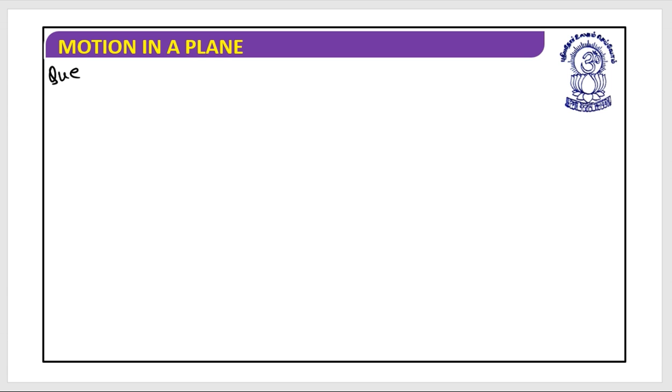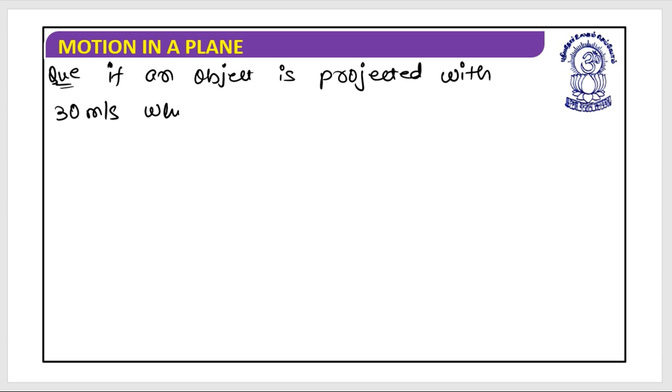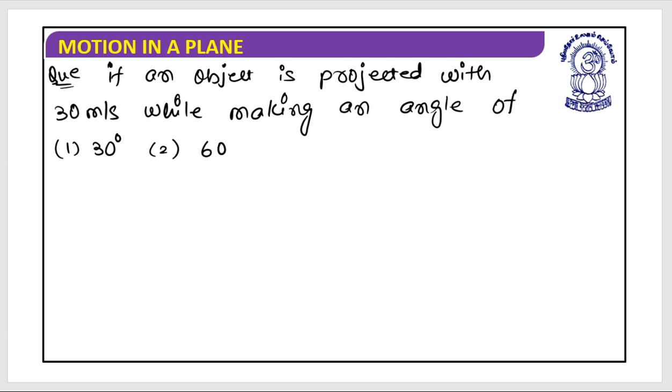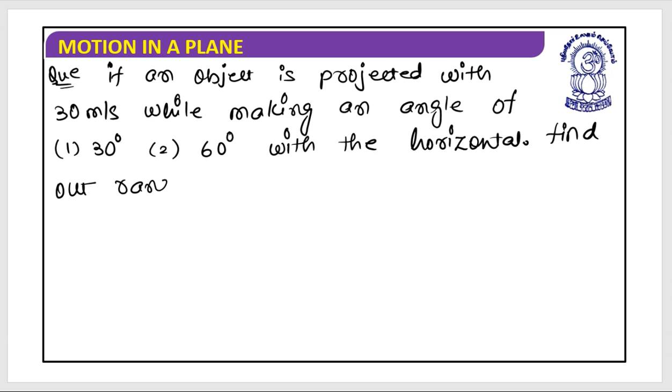If an object is projected with 30 meter per second while making an angle of, first 30 degrees, second 60 degrees with the horizontal, find out the range in both the cases.